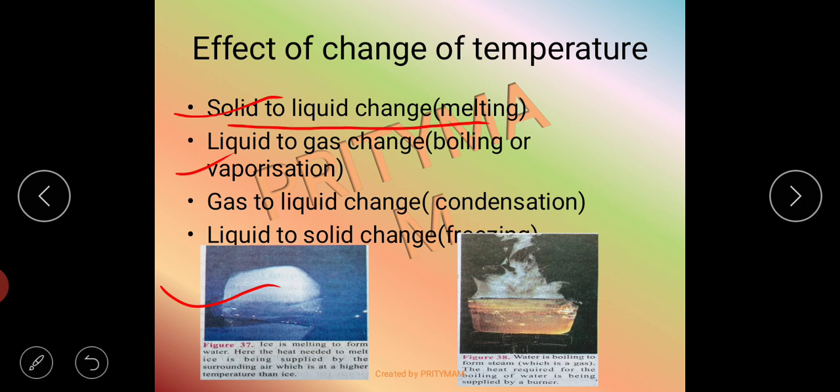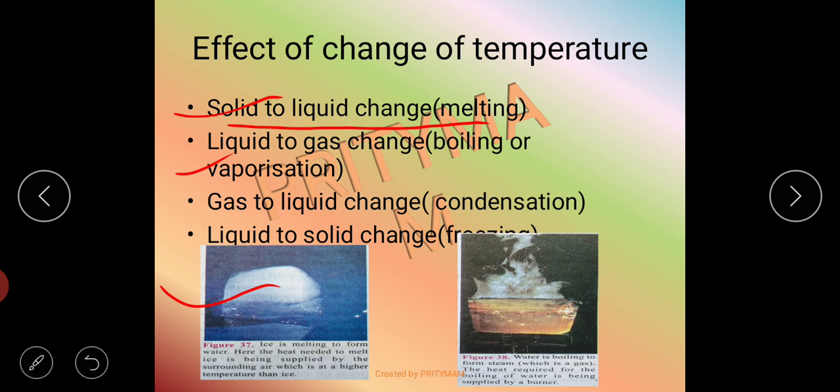In this case, the liquid water changes into gas. So a change in state has taken place. The process in which the liquid substance changes into a gas rapidly on heating is called boiling. So when water changes into steam rapidly on heating, it is called boiling of water.